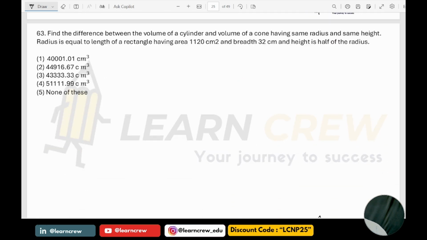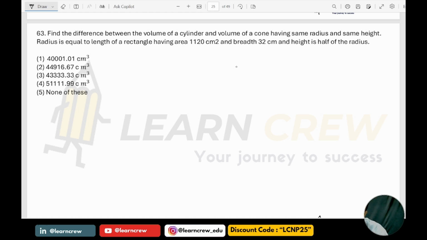Next, question number 63. Find the difference between the volume of a cylinder and volume of a cone having the same radius and same height. Radius is equal to the length of the rectangle having area 1120 centimeter square and the breadth 32 centimeter.